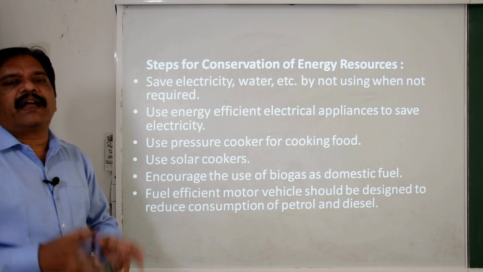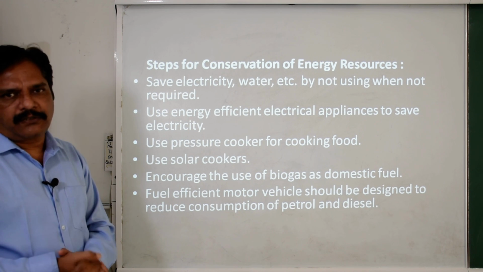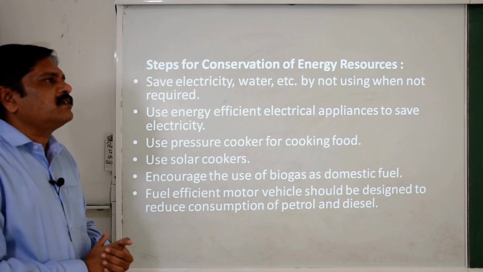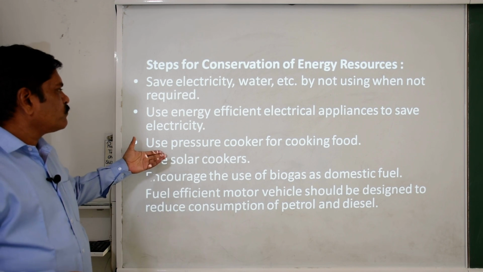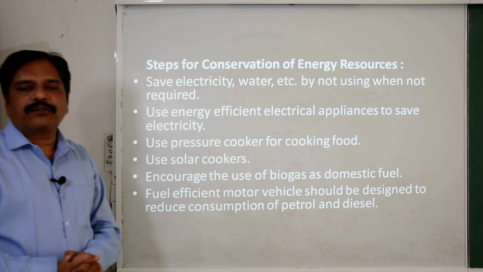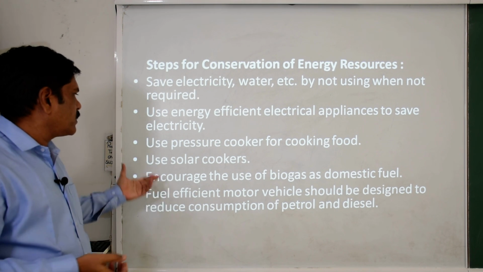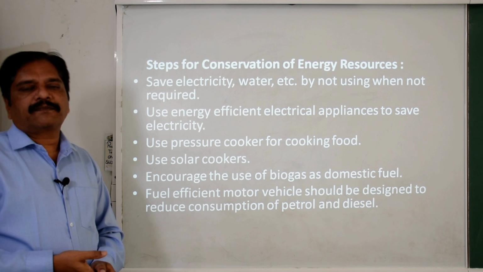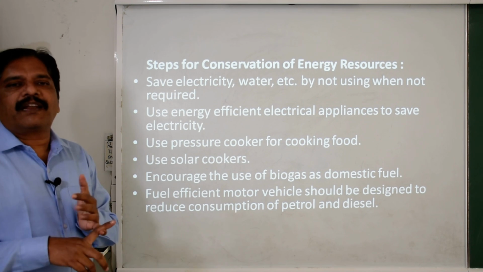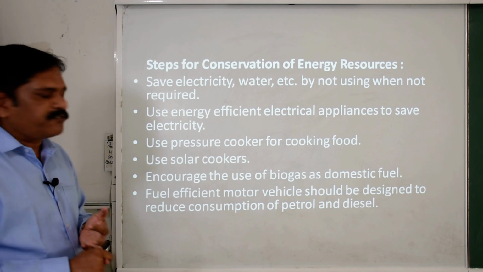Properly graded and ISI marked appliances or energy saving devices should be used, and use a pressure cooker for cooking food. In place of open cooking, use solar cookers, just to avoid the use of electricity and fossil fuel.